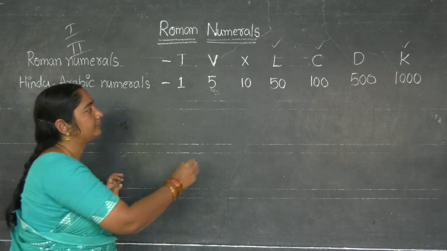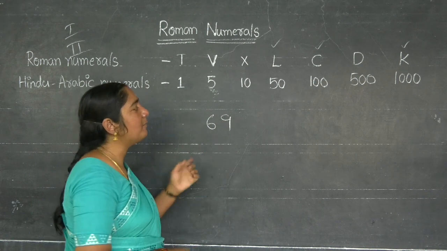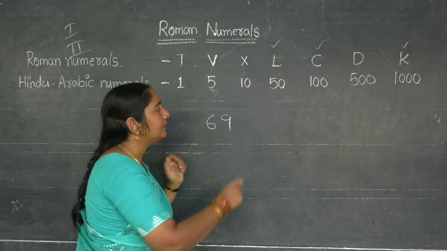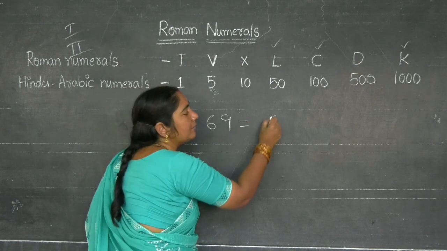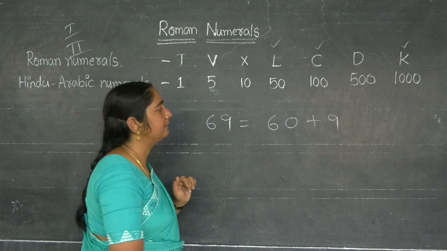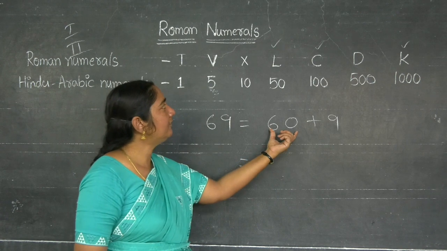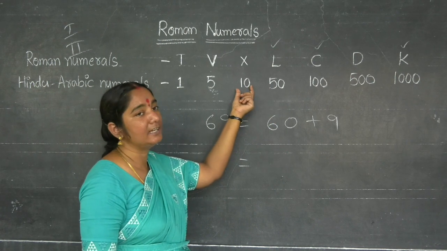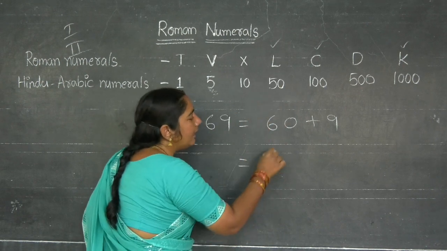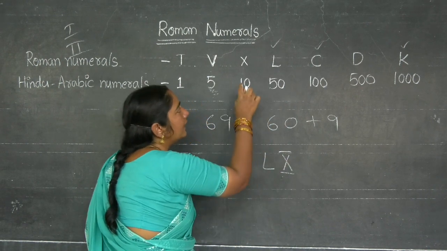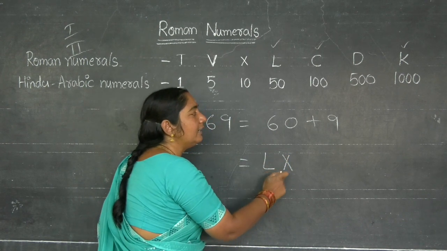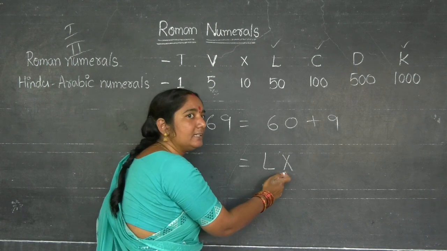Number 69. Now madam has given a number 69. Now we have to convert this, right? Let us see. 69 can be written as 60 plus 9. Now my dear friends, 60 you can write as 50 plus 10. 50 is nothing but L, 10 is nothing but X. So 60 I am writing as 50 plus 10.